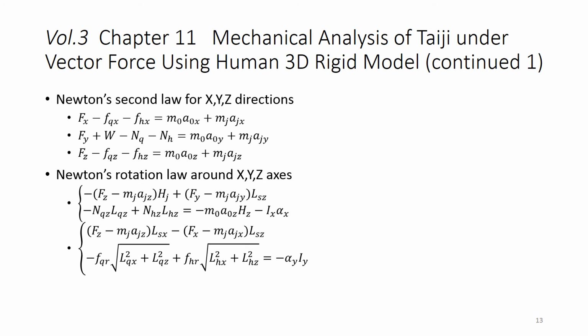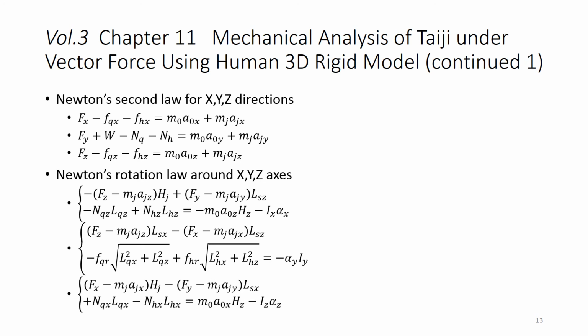Y-axis external torque equals y-axis moment of inertia times y-axis angular acceleration. Z-axis external torque equals z-axis moment of inertia times z-axis angular acceleration.